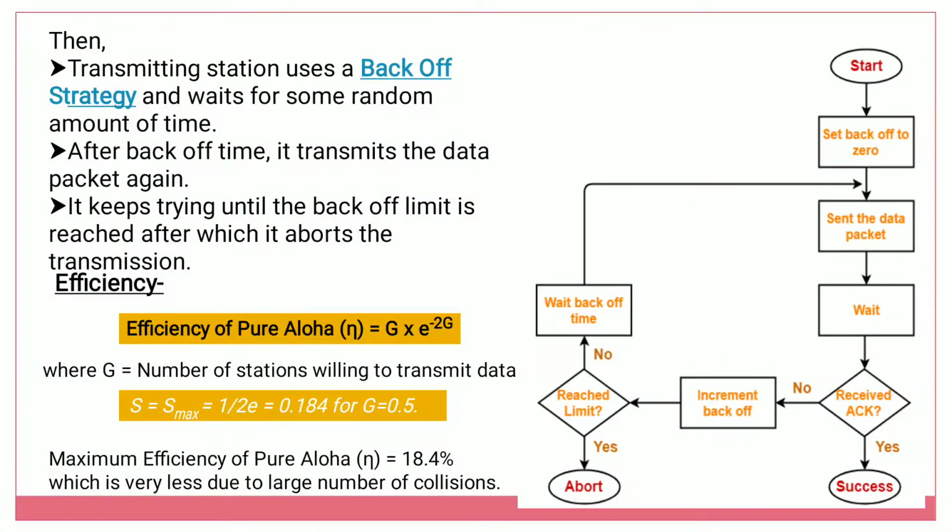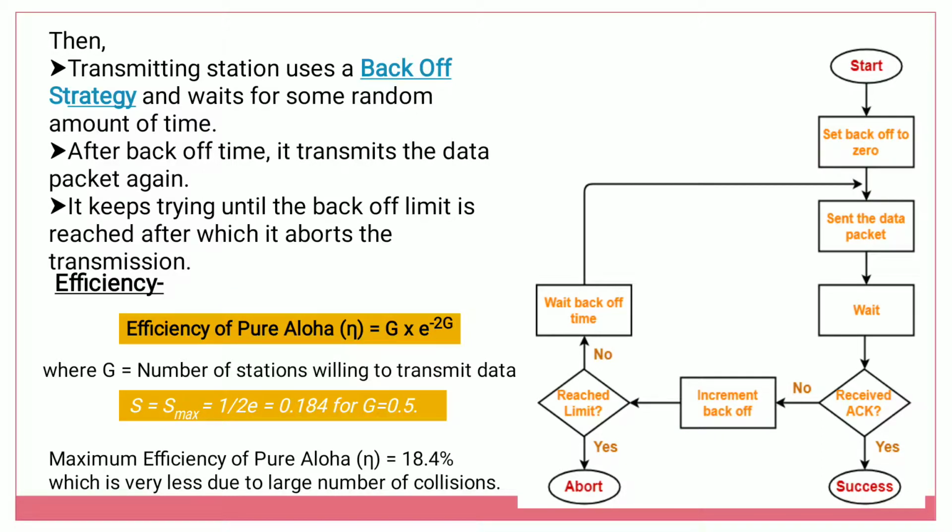Next one. Transmitting stations use a backoff strategy. We already discussed, what is this backoff strategy? If the station is not receiving any acknowledgement for a random amount of time, that random amount of time is called backoff time. And that backoff time leads to transmitting the data again.